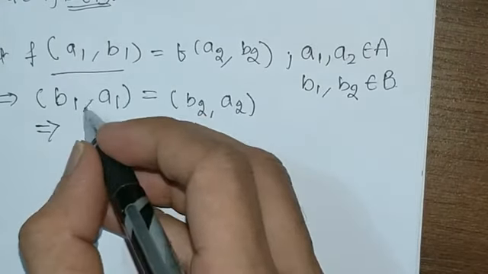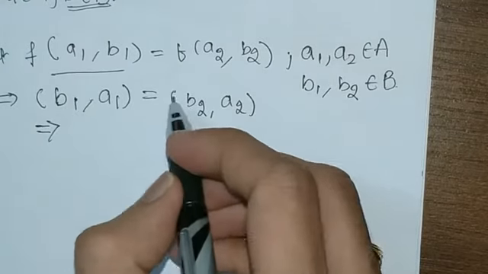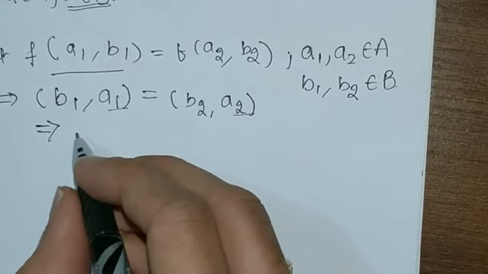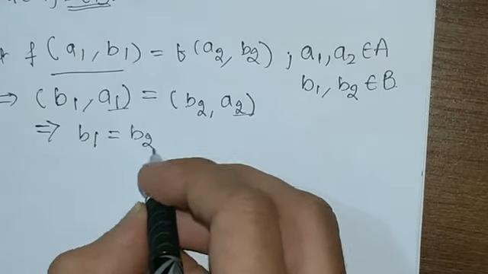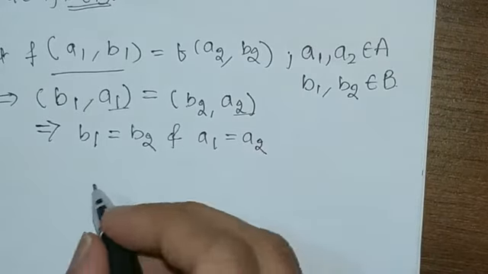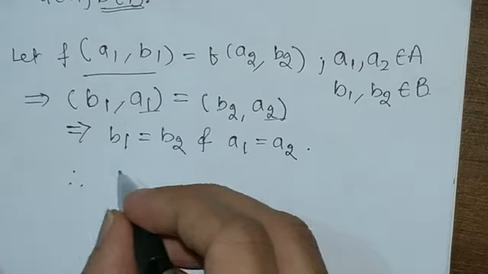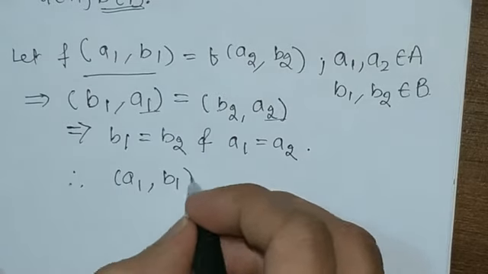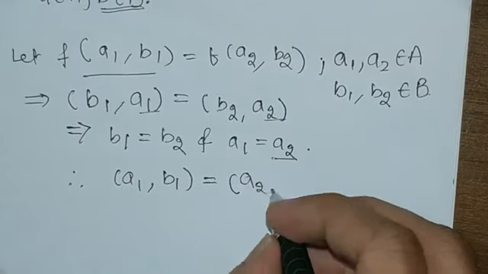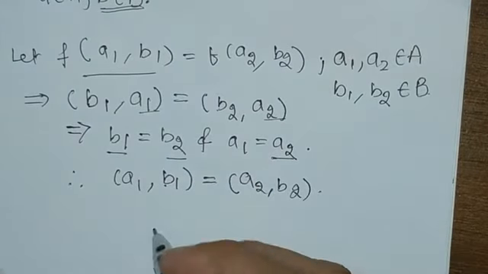Now when two ordered pairs are equal, the corresponding first element is equal to the first element and the corresponding second element is equal to the second element. So that is b1 is equal to b2 and a1 is equal to a2. Therefore (a1, b1) is equal to (a2, b2).